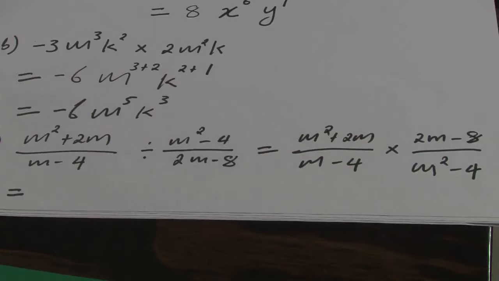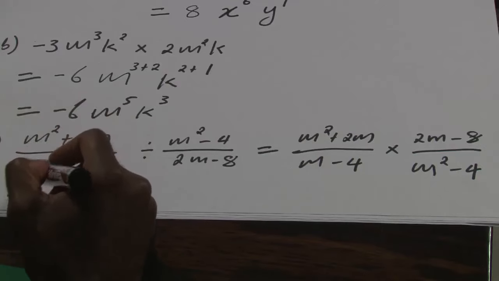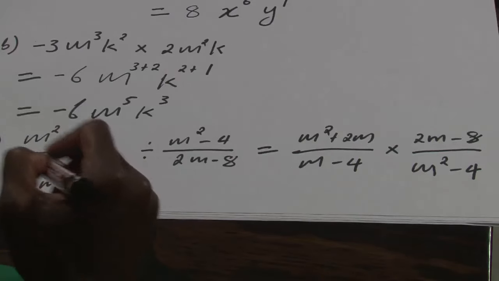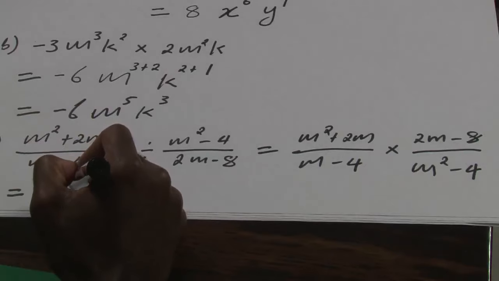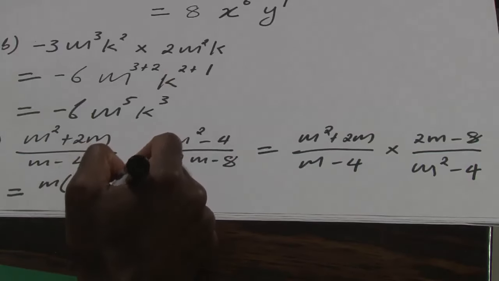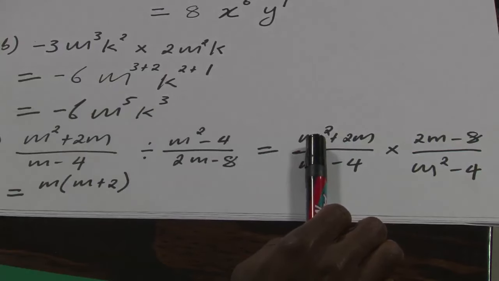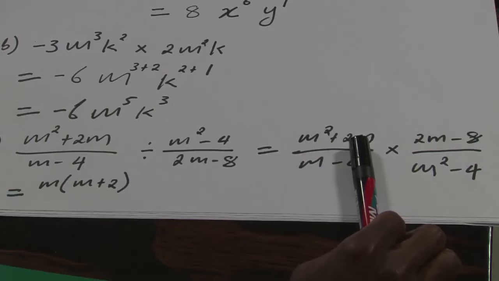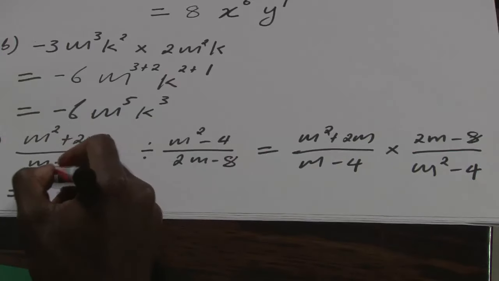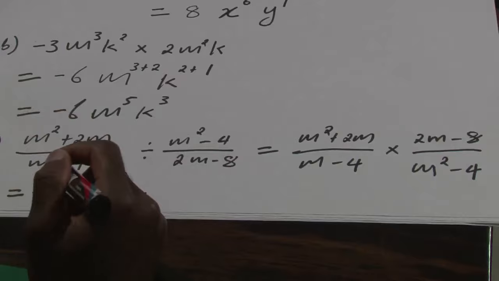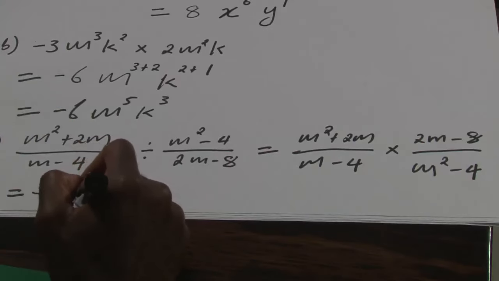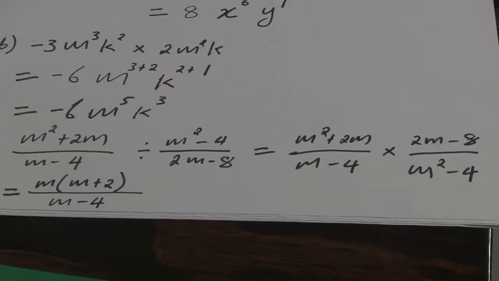So the top of the first fraction can be written as m multiplied by m plus 2, which means if you take one of the m's out, then for the first term you're only left with 1m, and for the second term, if you take m out, you're only left with 2. And the bottom remains the same.